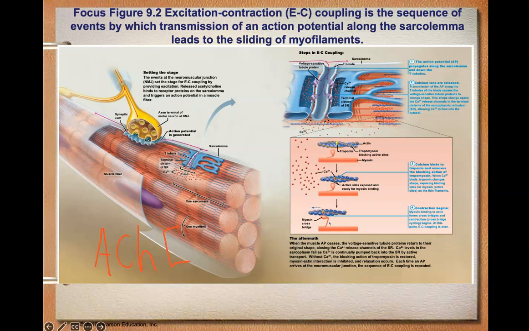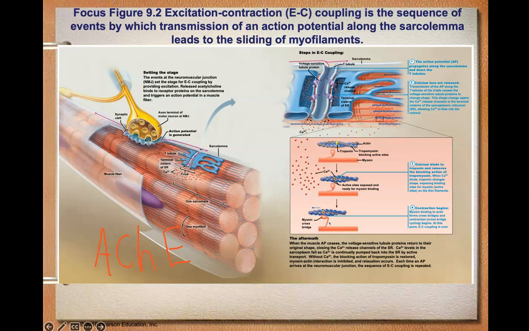But esterase, again, is an enzyme. And this is the enzyme that is going to degrade acetylcholine, because you don't want the acetylcholine constantly hanging out in that synaptic cleft, causing muscle contraction when you want muscle contraction to slow down, or you're done with the muscle contraction for that muscle.